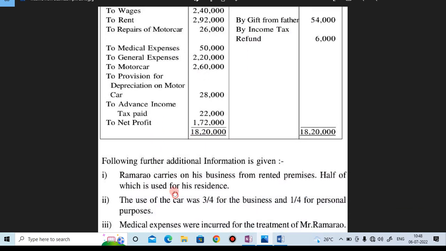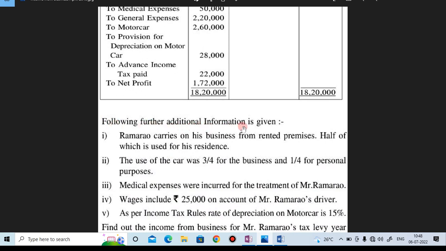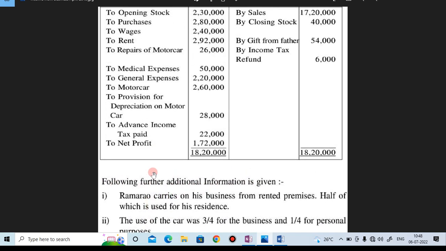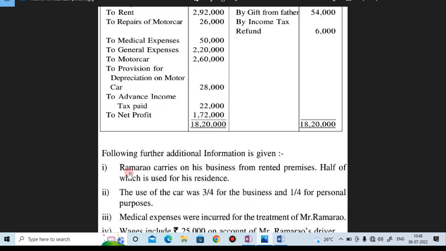Now, what further additional information is given? The adjustments: Ram Rao carries on his business from rented premises, half of which is used for his residence. So half of the premises is used for business and half for his own residence.